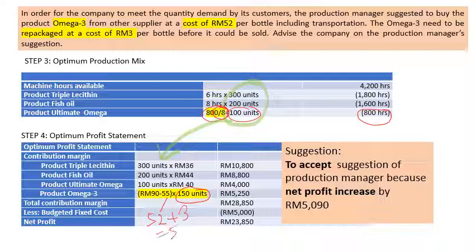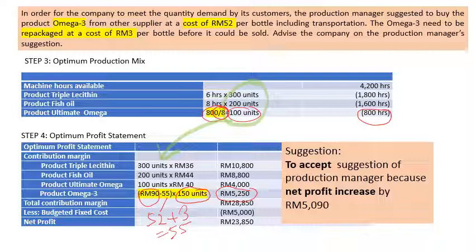That means total is 55 ringgit. And then you can sell at selling price. How much is selling price? 90 ringgit. So you will get contribution margin. This is total contribution margin for omega-3 at maximum demand, 150 units.